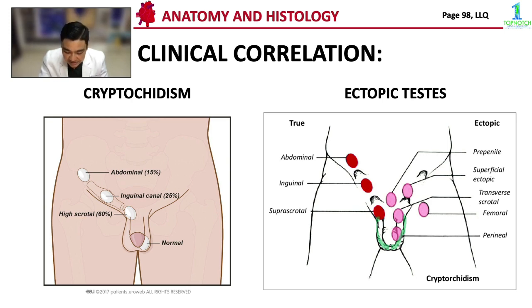Okay? So the testis could still be intra-abdominal, pwede namang inguinal or suprascrotal ang position. Because, di ba, ang descent niya from a higher abdominal place, bababa nang bababa, and then eventually transinguinal to the final position inside the scrotum.